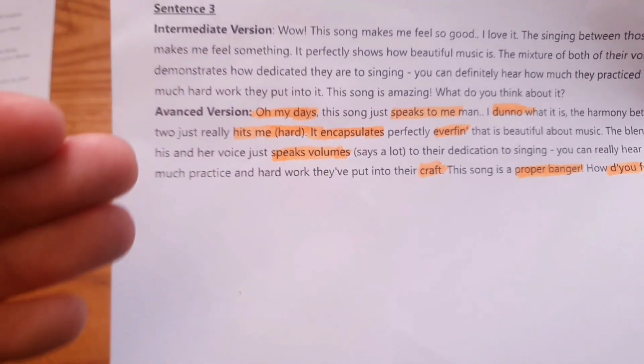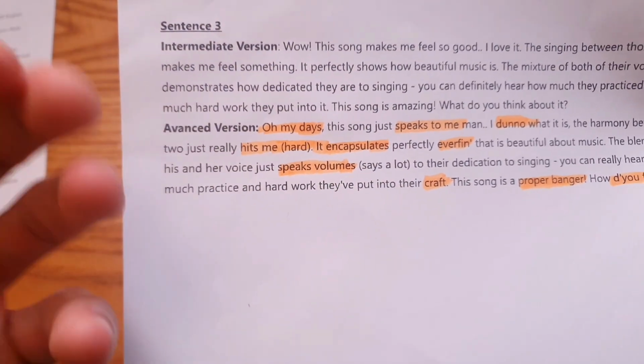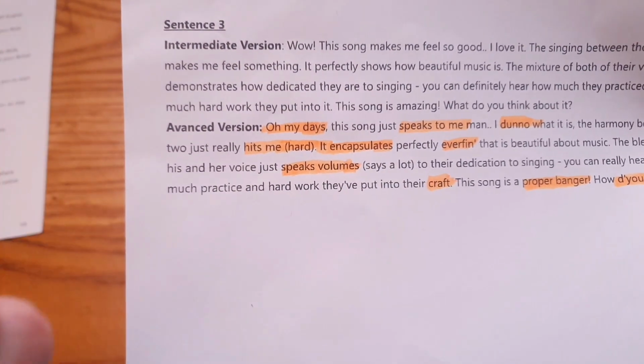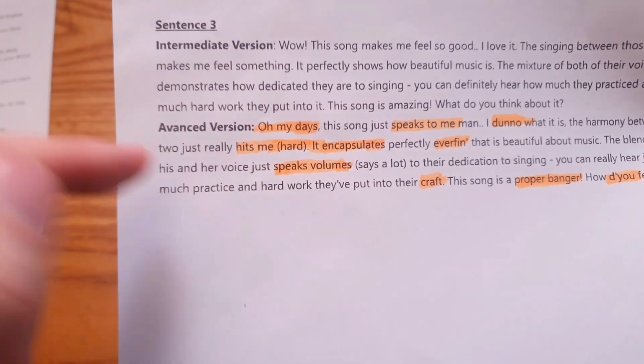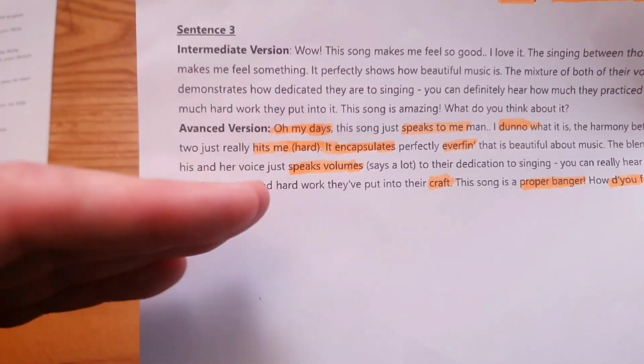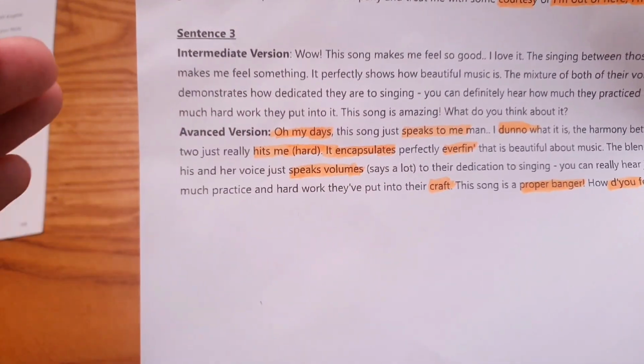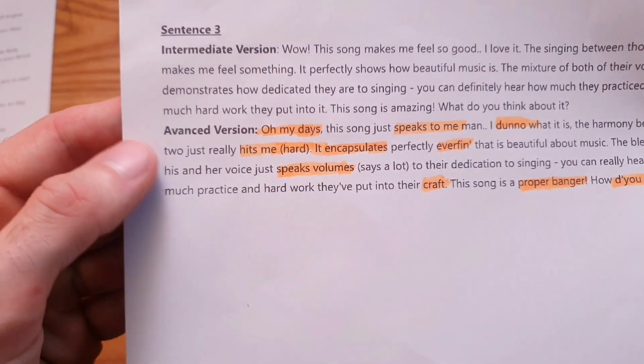You'll start to notice that as you absorb and acquire more native English. These are perfect examples for you. This is literally how I, as a British native speaker, would say this. So, you're welcome.